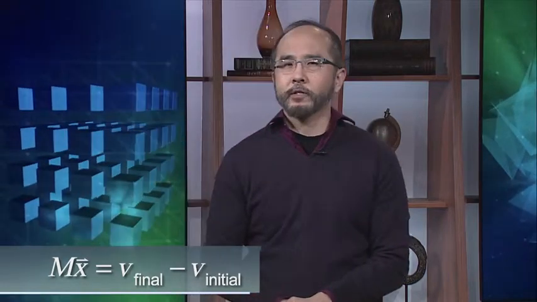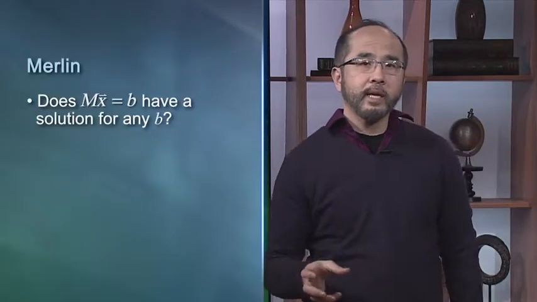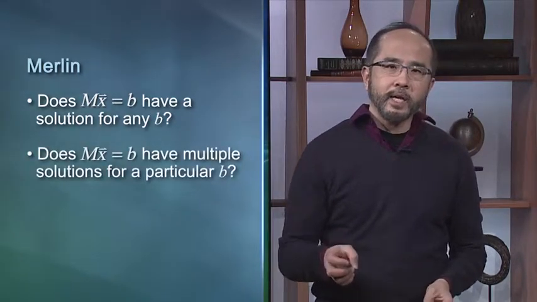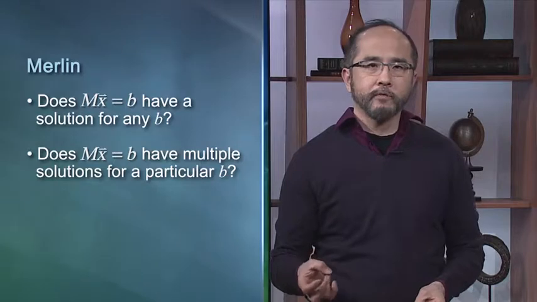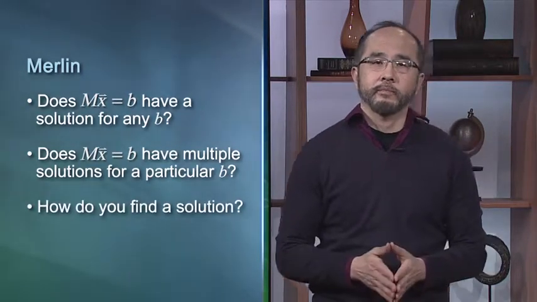Remember, M is a matrix whose columns are vectors associated with pressing buttons. So the 3 questions become: does Mx equals b have a solution for any b? Does Mx equals b have multiple solutions for a particular b? And how do you find a solution?